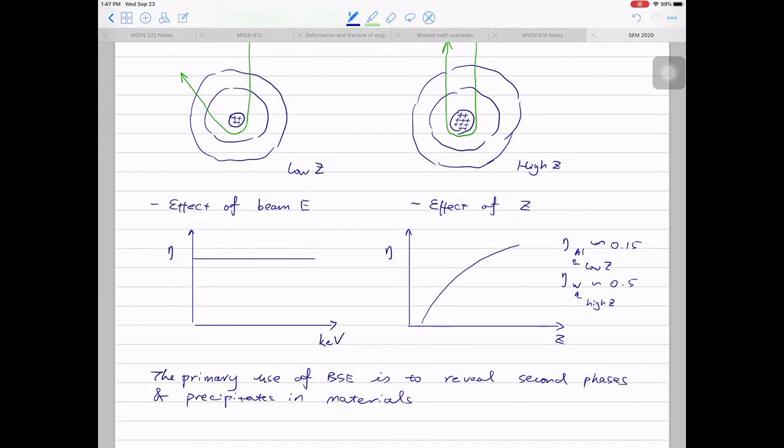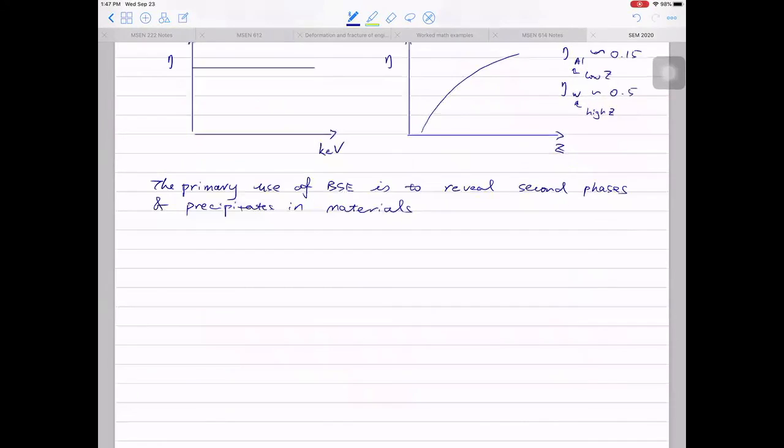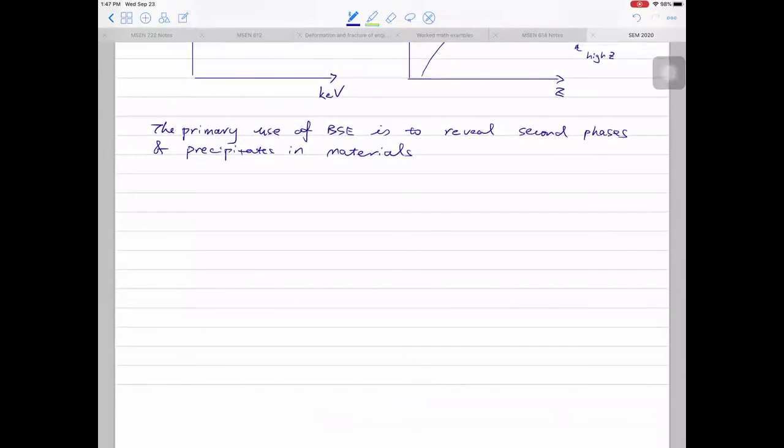In most metals and ceramic systems, the second phases and the precipitates usually are made of different elements. So the Z of precipitates and the second phases are different from those in the matrix. Because of the difference in Z, you're able to tell them apart straight away. So this is the main use of BSE.